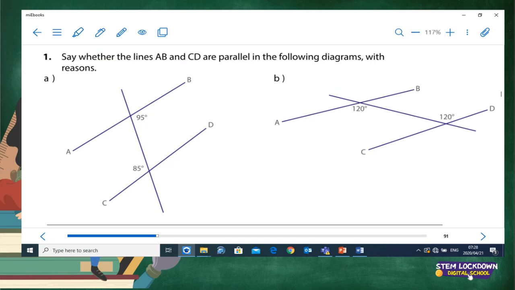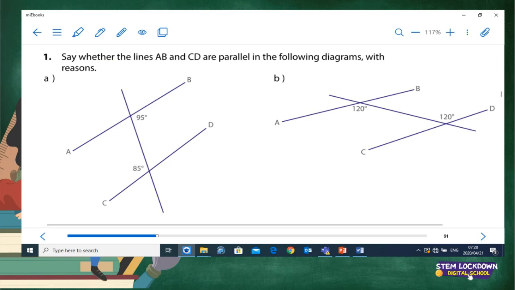One of the alternate angles is 95 degrees, and the other is 85 degrees. So the two angles are not equal, even though they are alternate angles. If they are not equal, this means that the two lines AB and CD are not parallel.